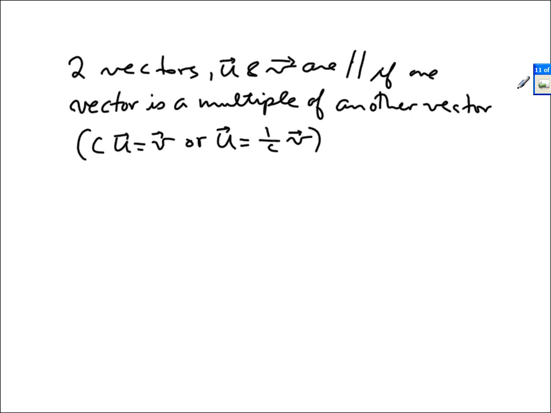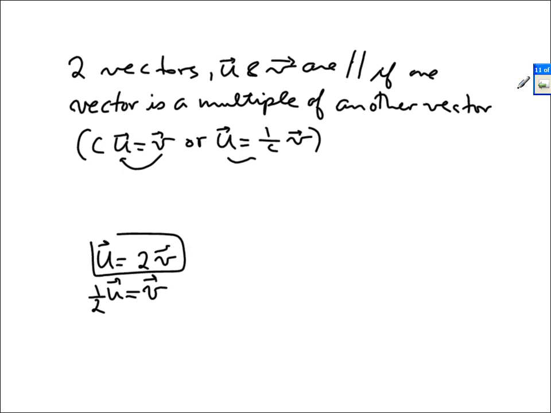If v is C times u, then u is 1 over C times v. If u is twice v, well then v must be half of u. These two statements are the same. u is twice v because v is half of u.